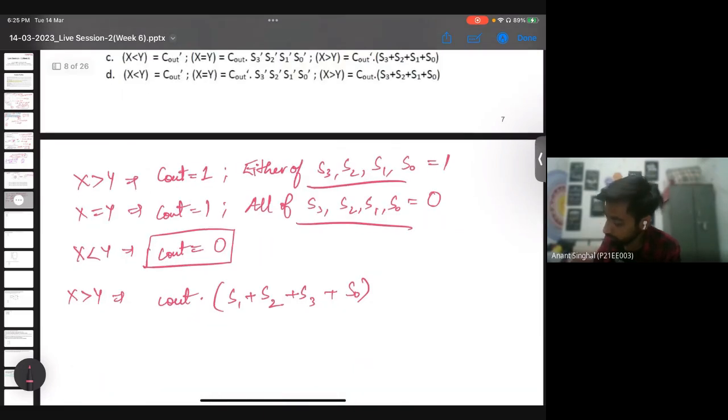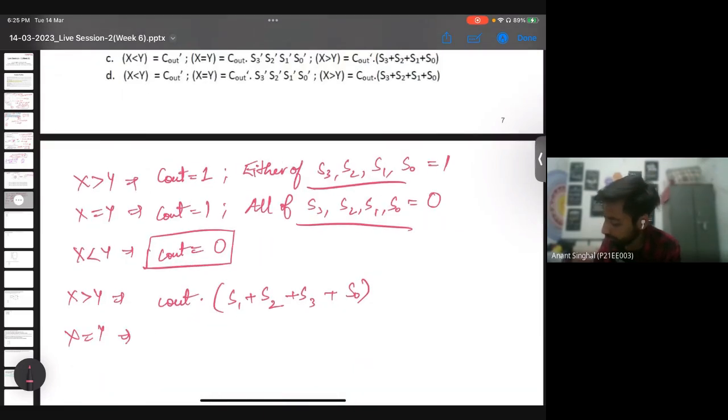Now for x equals y, we have just written that Cout should be 1 and all of these should be 0. So it will come only if we take the bar of all of these terms. Since the bar of 0 is 1, it will only come out as 1 when all of these are 0 and Cout is 1.